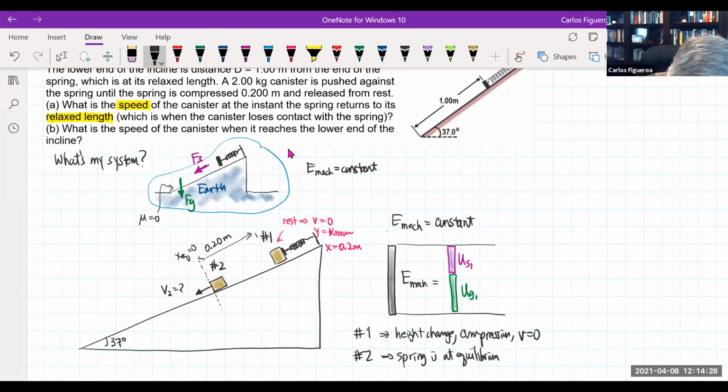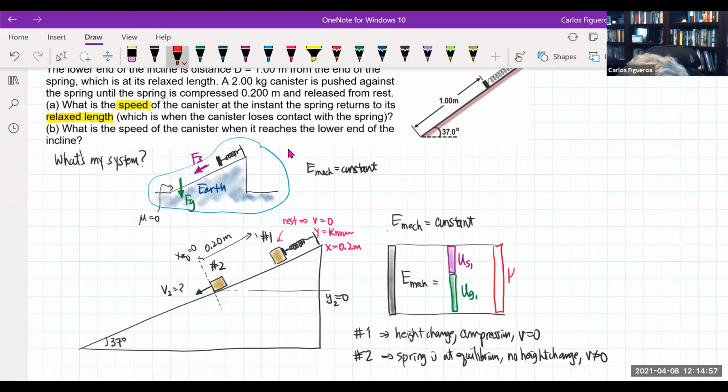And if I choose my reference potential to be 0 at this point, then I have no height change. Then that tells me that all of that must be in the form of kinetic energy. So according to conservation of energy, this must all be kinetic energy at 2.